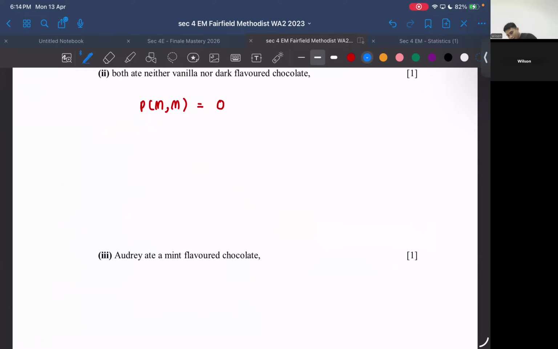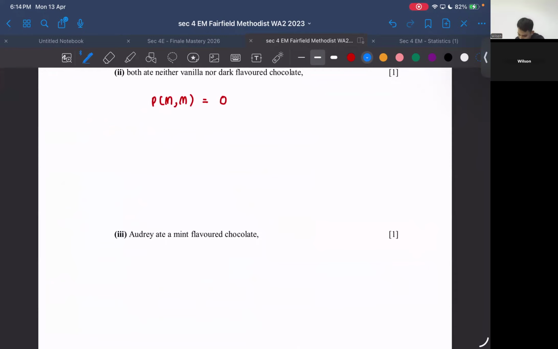Now, part 3 is Audrey, right? So let's get Audrey to help us. Audrey, since you ate this dark mint flavored chocolate, can you tell us what are the combinations that we are looking at? You ate the mint flavored one. So what's the first one? Dark. So Victor must eat first, right?